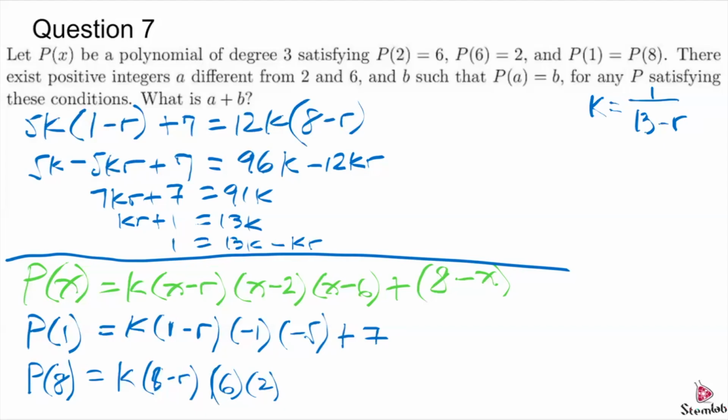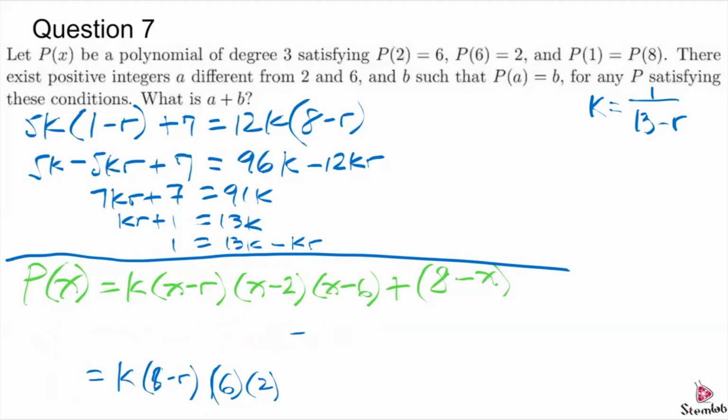Okay. So now we can actually rewrite the polynomial I wrote there in green. Okay, we don't need P1, P8 anymore.